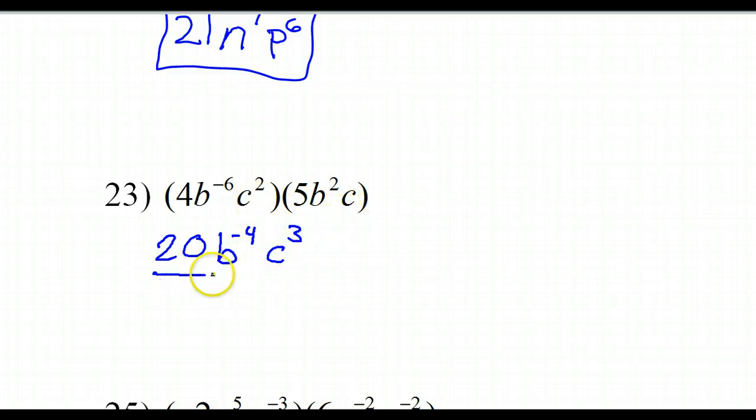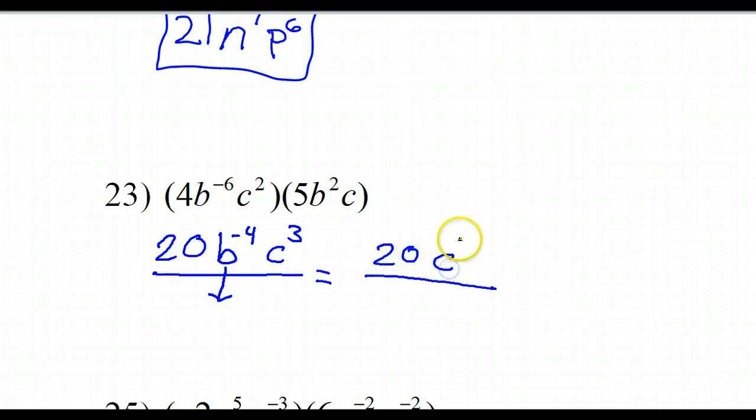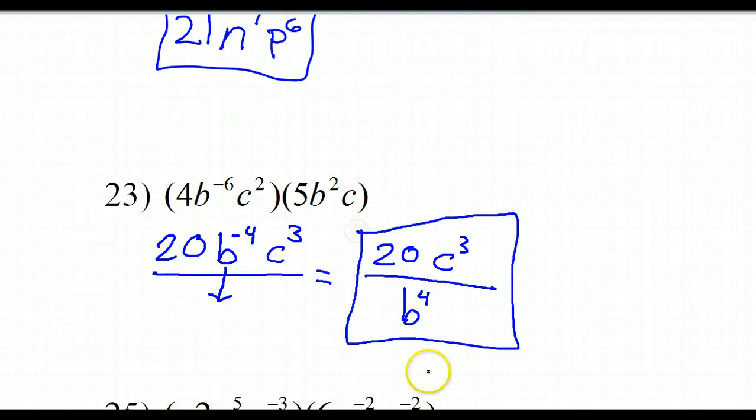Now, here's my invisible fraction line that I need because I know I have to drop this one down because it has a negative exponent on it. Notice that the 20 stays put and the c to the 3rd power stays put. So just the b goes. So I will have b to the 4th power in the denominator. Okay, that's how you do number 23, guys.